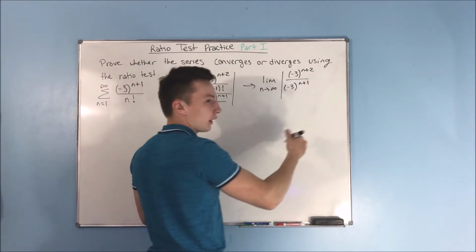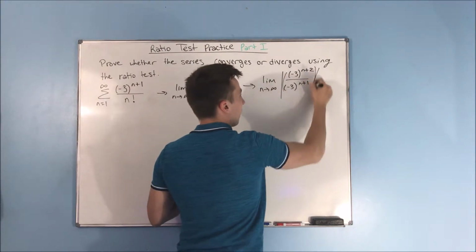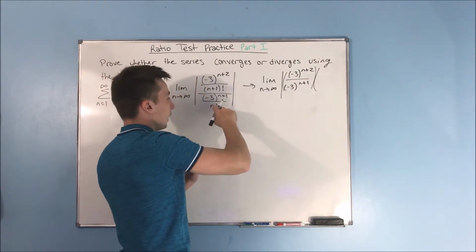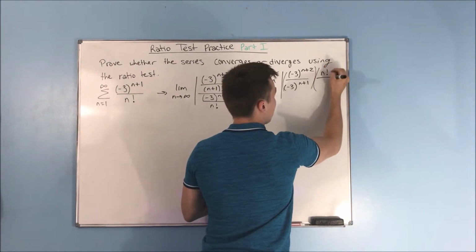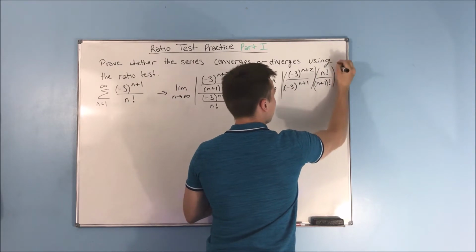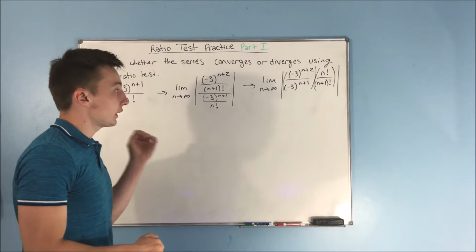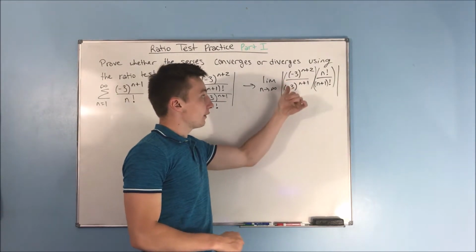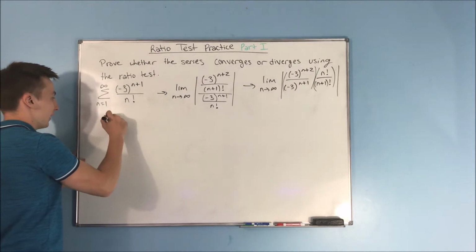I like to separate it like this, it just makes it look a little nicer. And you also have n factorial over n plus 1 factorial. We're not going to take away the absolute value signs just yet because we do have negatives inside.